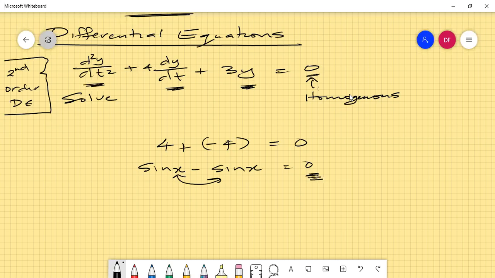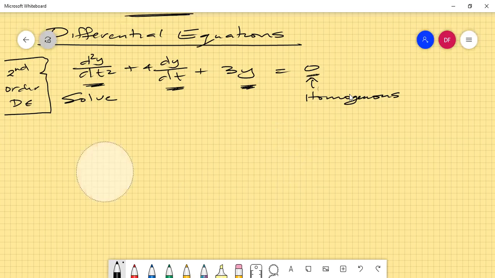The only way I get 0 is if the two things are the same. So now I take something and differentiate it. I take it and differentiate it again, because that's dy/dt and d2y/dt squared, and I get back the same thing. Now, which function do you know that when you differentiate it you get back the same thing?